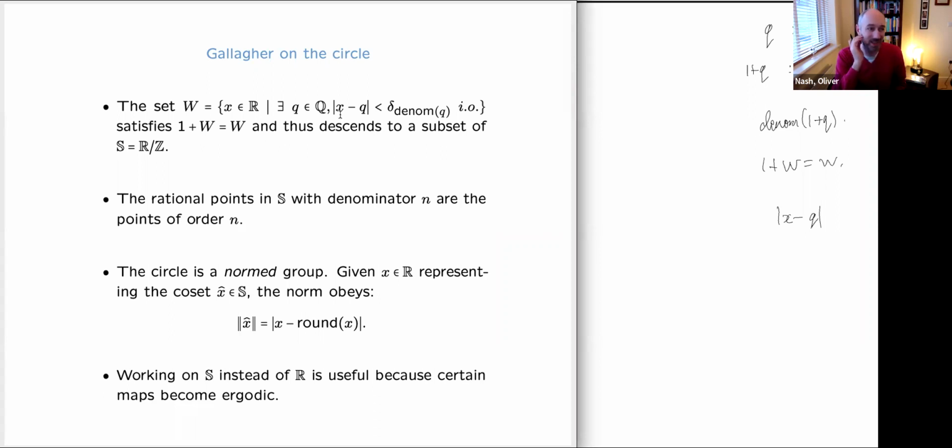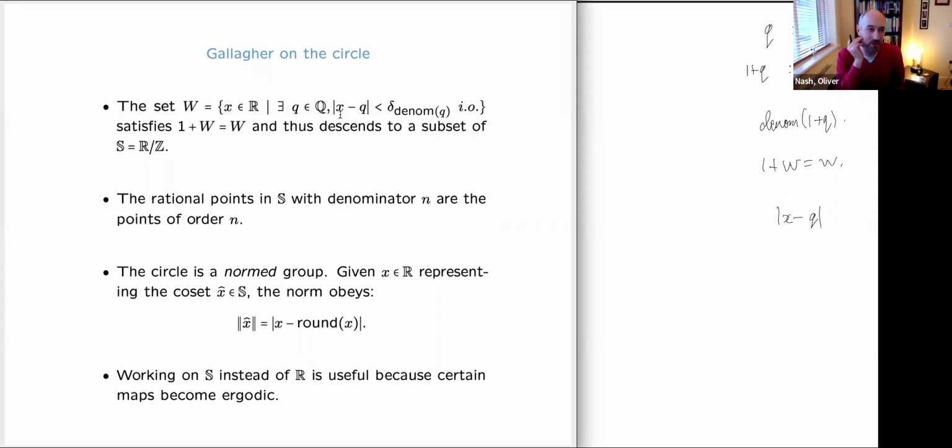Prior to working on this, I was a tiny bit surprised I'd never cottoned on to this before, but the circle has a natural norm. If you have an element of the circle, one way of thinking about the norm is you pick a real number which is a representative, you round that to the nearest integer, and then the distance of that real to where you ended up, that's the norm of the element. It satisfies the triangle inequality, and it really is a normed group.